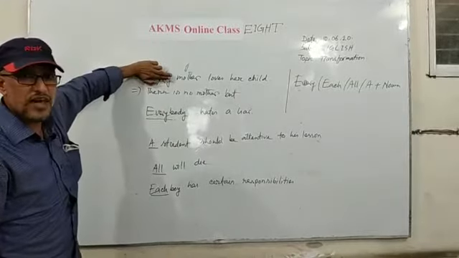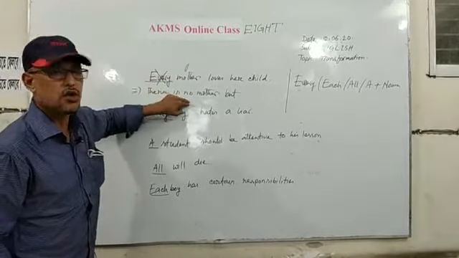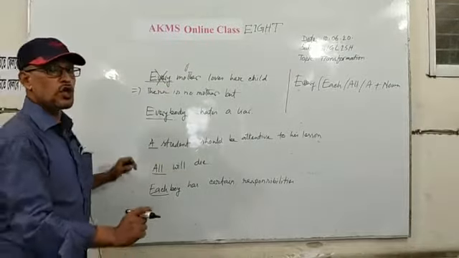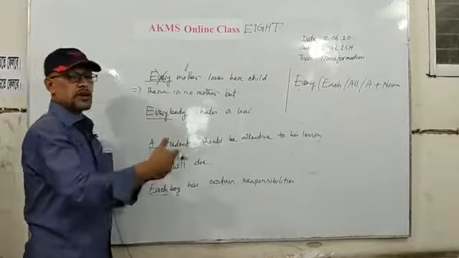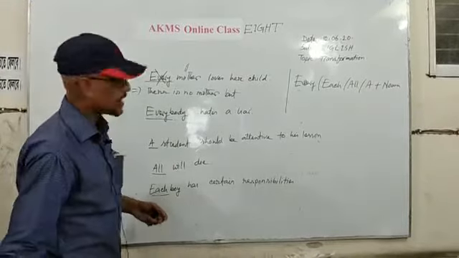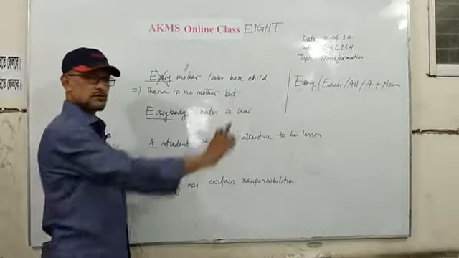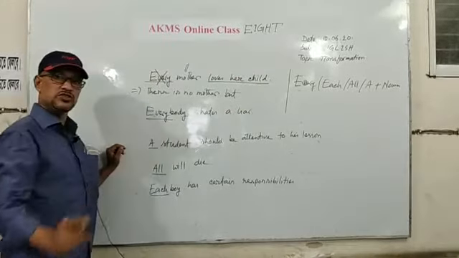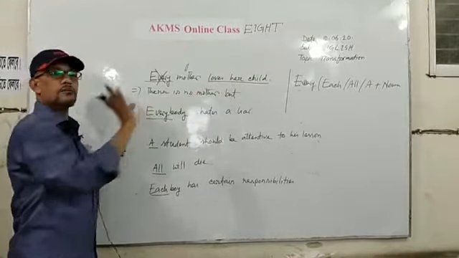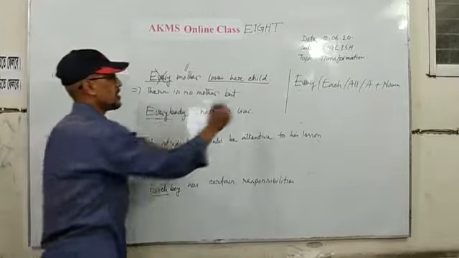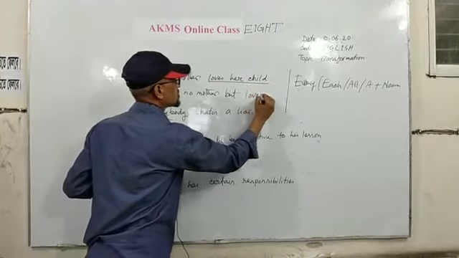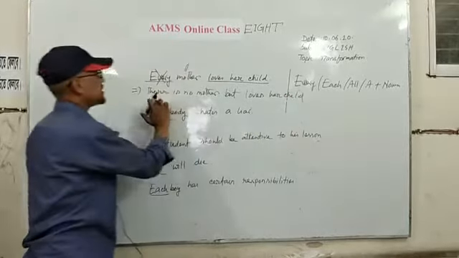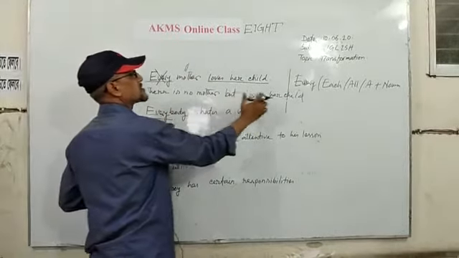At the place of every, I have used there is no. I have used mother, and according to the rule, to return it to the same meaning, I will use but. Then I will not change any word of the rest. That means, but loves her child. There is no mother but loves her child.